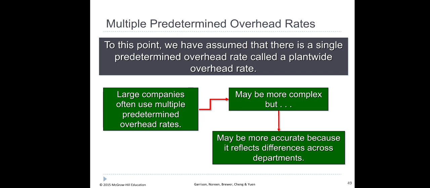The logic is the more allocation bases used to calculate the applied overhead, the more accurate the overhead cost to be charged to a job. But in this course, if you know how to use one allocation base, that is sufficient.